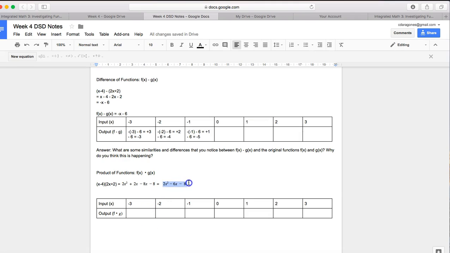My new function is 2x squared minus 6x minus 8, so I'm going to plug in negative 3 wherever there's an x.